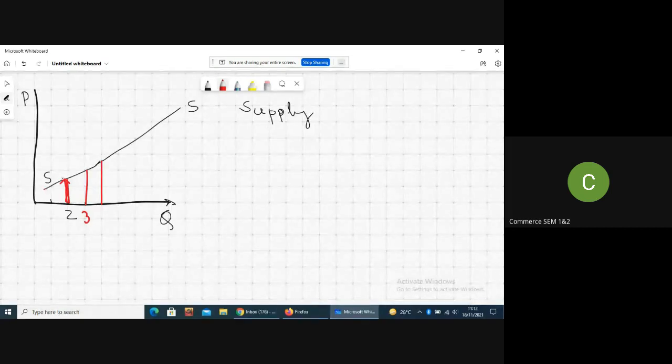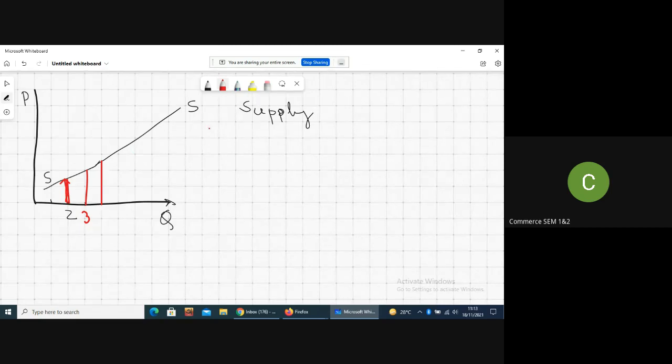That is why a supply curve is upward sloping: as the amount of output increases, the minimum price the sellers want to accept will be higher and higher. So a typical supply curve will be upward sloping like this.